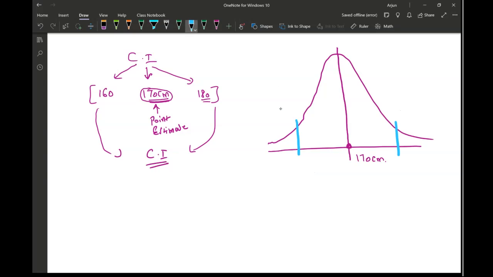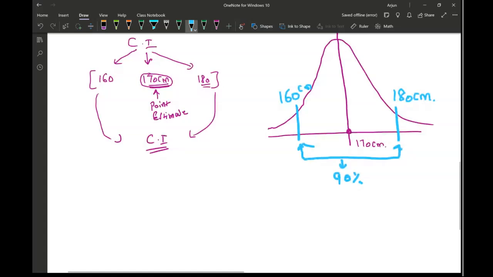Let me write it on top: 160 to 180 centimeter. And let's assume that this confidence interval was 95%. We will talk about what 95% and 90% mean later on too. So this becomes the confidence interval.